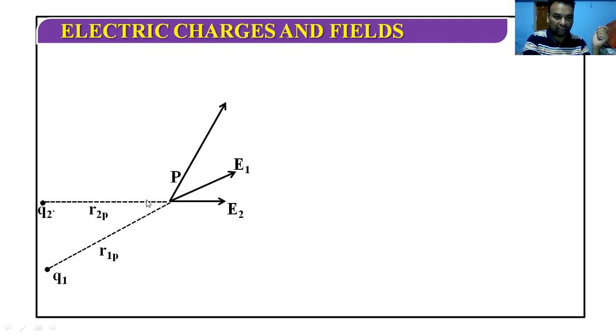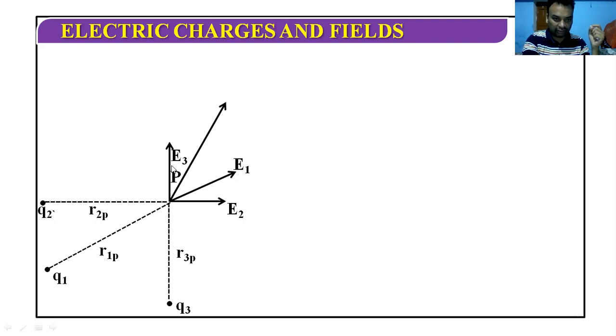Similarly, we take another charge q3, which is at a distance r3P from this point, and we draw its electric field along the line joining the point of observation to the actual charge q3.